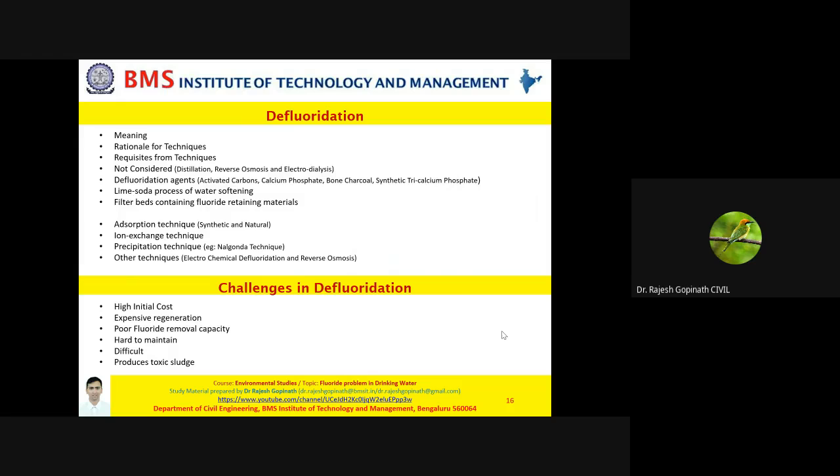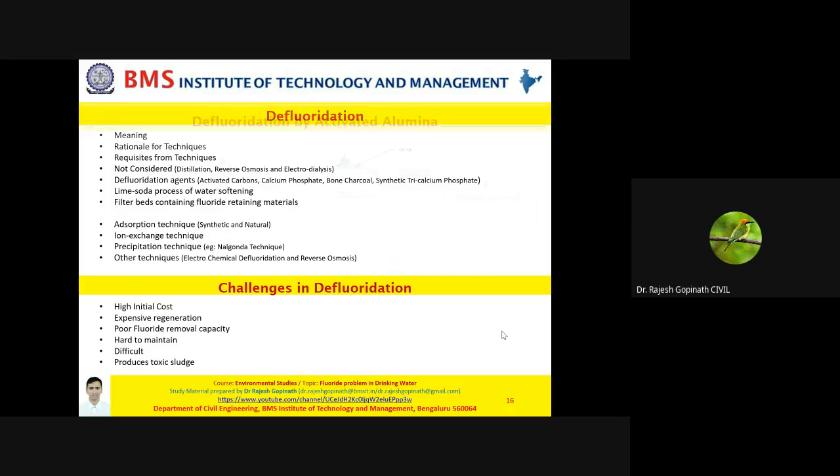Friends, all techniques have their merits and demerits, but mostly the challenges which have been observed are with respect to the initial investment cost, the regeneration cost, the removal efficiency, the difficulty in maintenance and operation, and of course sometimes the technology is only removing the fluoride from the water and transferring it into another state, probably a solid state, which means there is excess production of sludge.